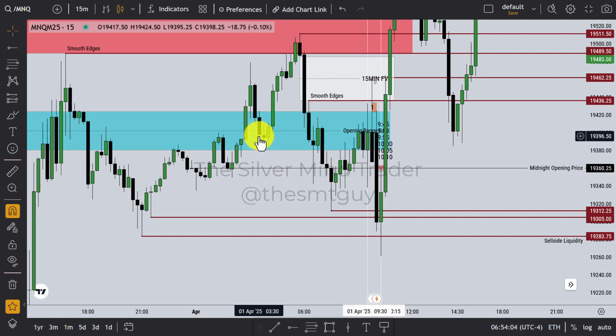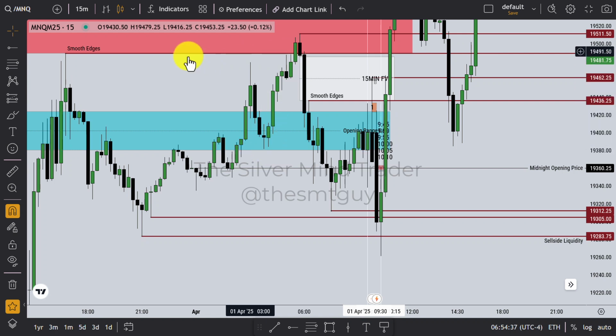A swing low is when the candle at the left is higher than the low of the candle in the middle, and the one at the right is also higher than it. So of these three, the lowest one is the swing low.